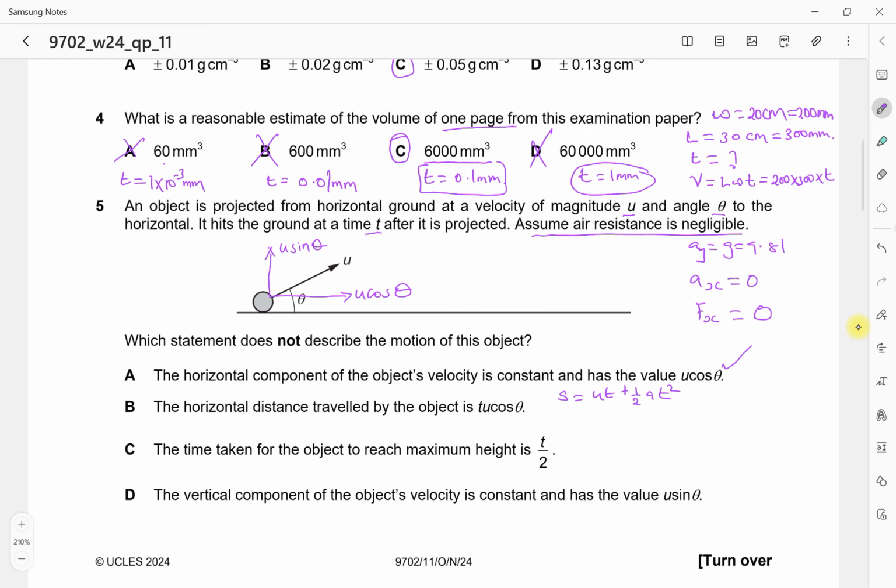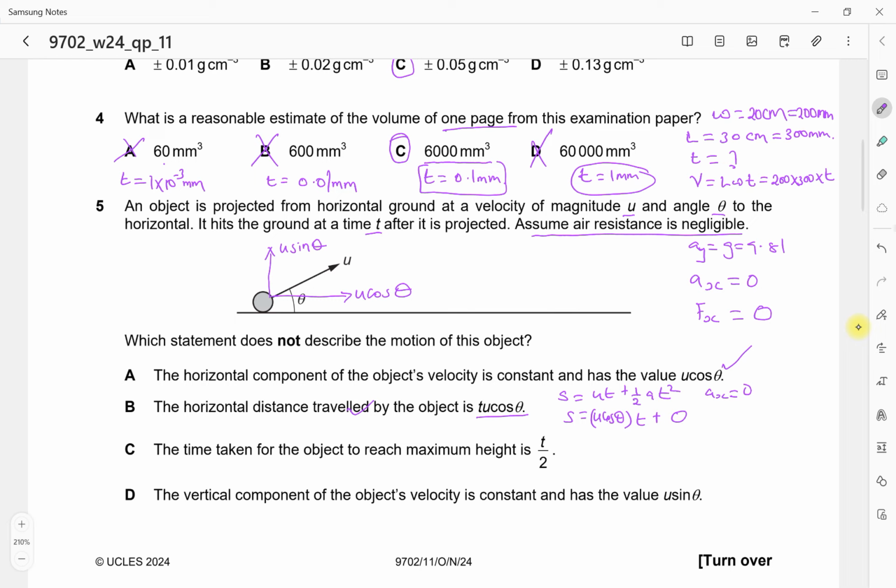Initial velocity in the horizontal is u cos theta, but acceleration in the horizontal is 0. So this is going to be equal to u cos theta multiplied by t, plus, because the acceleration in the horizontal is 0, this other part will be 0. So the horizontal distance is u cos theta times t, which makes this one correct. So this is also true.